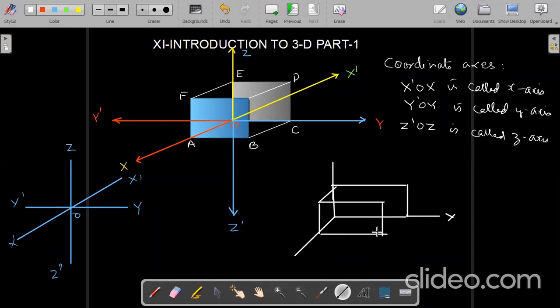Now you can see easily this is lying in the first quadrant, correct? Sorry, this is not x-axis. This is y-axis, this is x-axis, and this is z-axis. Now you can easily see this cuboid is lying in the first octant. These are called octants.